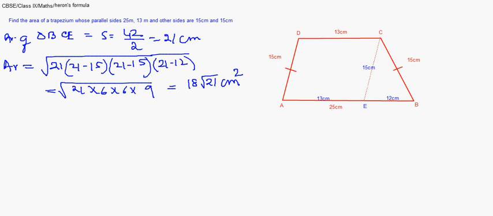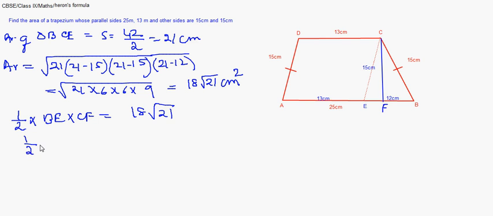Now this area of BCE can also be calculated using half base altitude. If I apply the same formula, half my base, this is BE, and altitude maybe I can name as CF, so half into BE into CF should also give us 18√21. So now let us substitute BE as 12, thereby calculating CF.